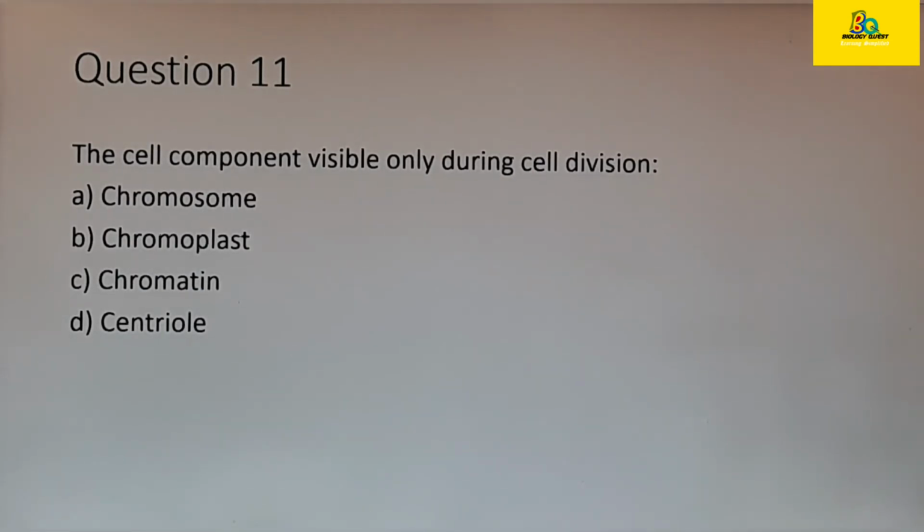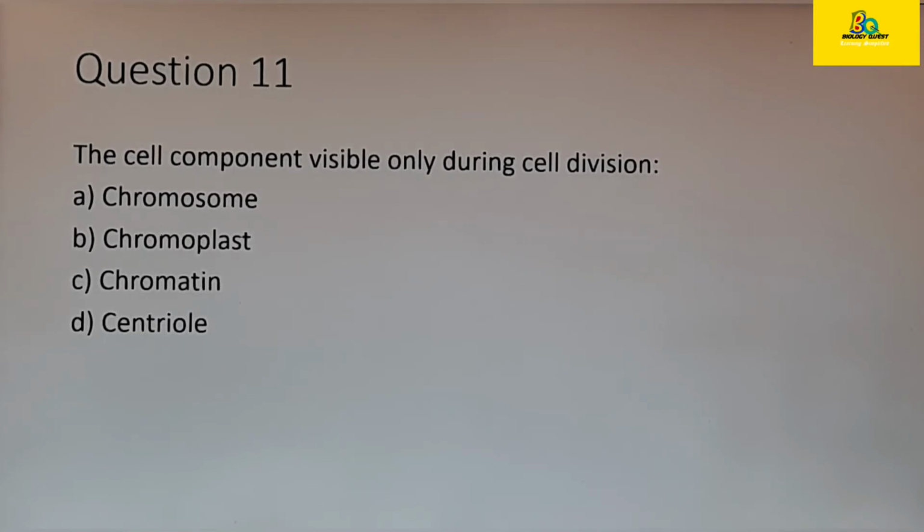Question 11. The cell component visible only during cell division. Chromosome, chromoplast, chromatin, centriole. We know condensed chromatin fibers are called chromosomes. When the cell enters into the cell division stage, the chromatin condenses and coils to form the chromosomes. Chromoplast is a cell organelle, a colored plastid.